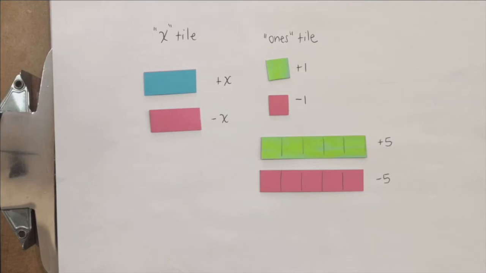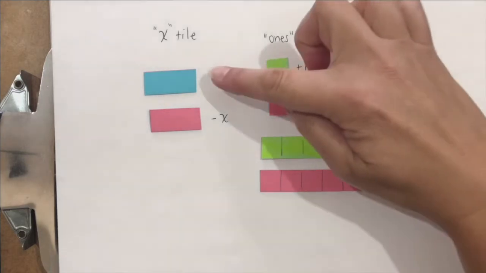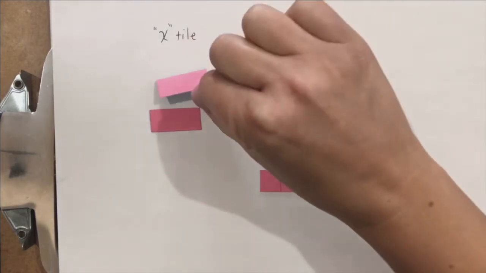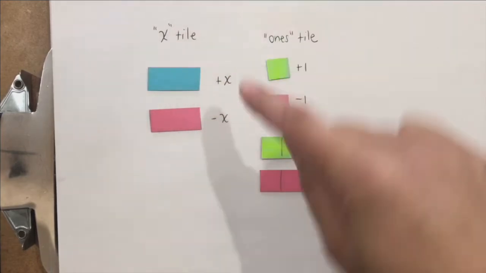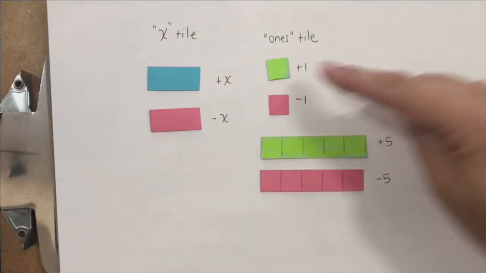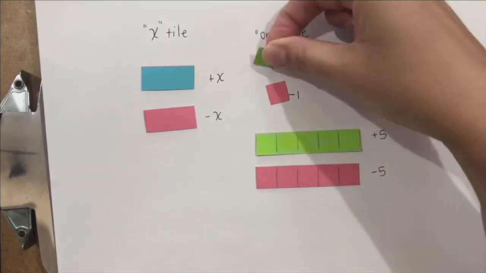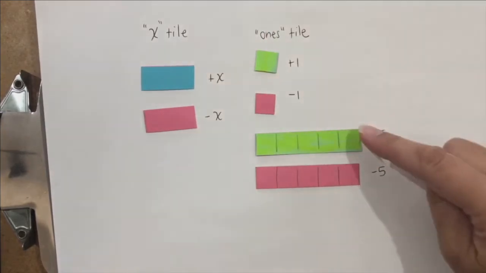Before we begin, I would like to point out the algebra tiles and method that I will be using to solve some of the problems in this lesson. We have a positive x tile and a negative x tile, and they can be flipped to show the other side, positive or negative. Same thing with the ones tiles and the 5 tiles.